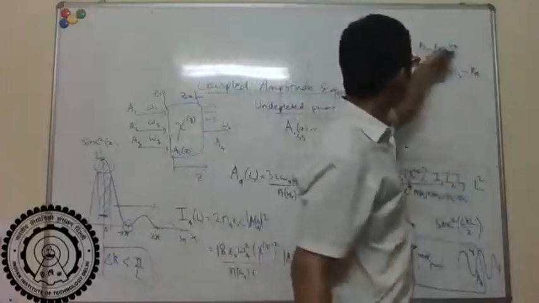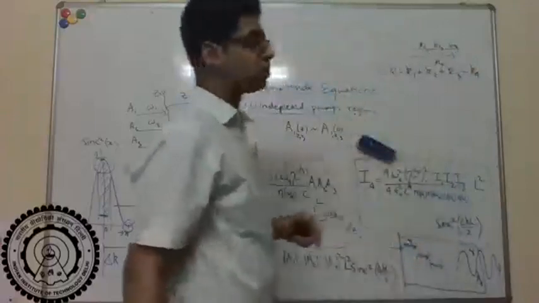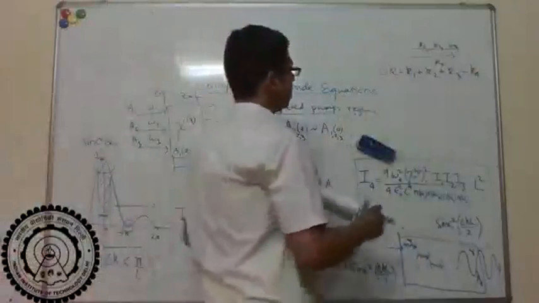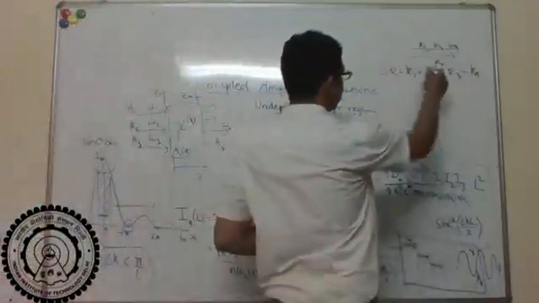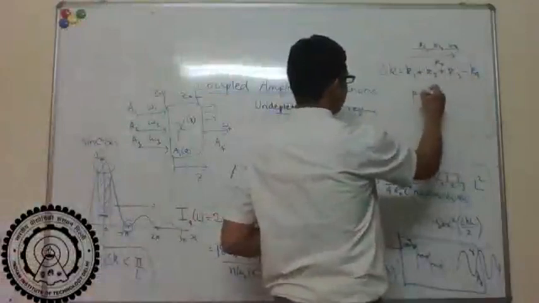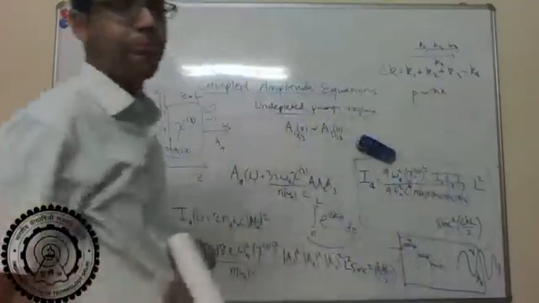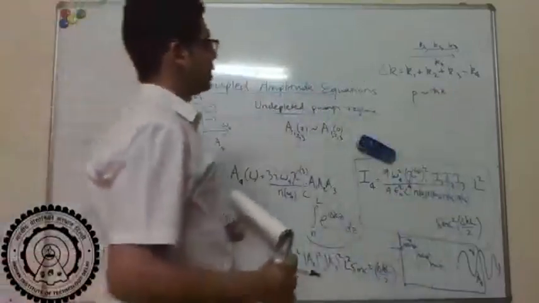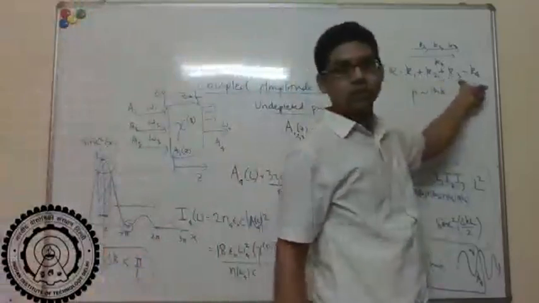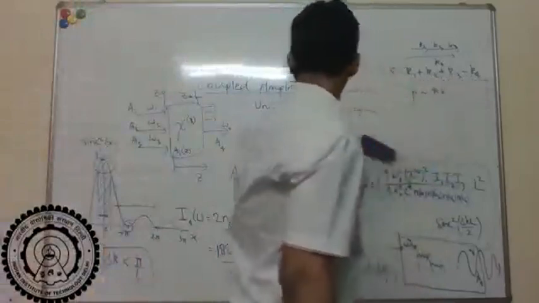So if these add up to k4, then delta k is 0, and that's when I'm phase matched. Like in the quantum picture, I can write the momentum of the photon as h cross k. So you can also look at this as momentum conservation. So h cross k1 plus h cross k2 plus h cross k3.